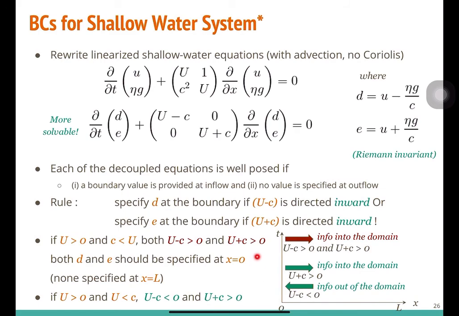Then it's a little bit more complicated when you set the boundary condition. It depends on the values of U and C, and we should always specify the variable when it's directed inward at a boundary.